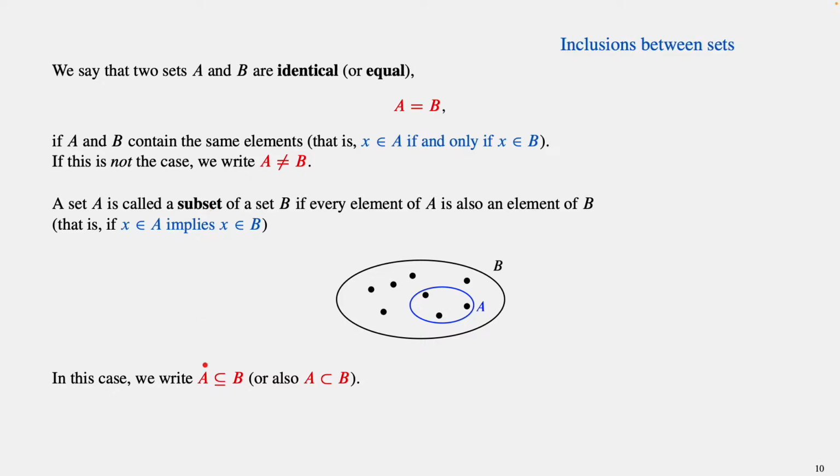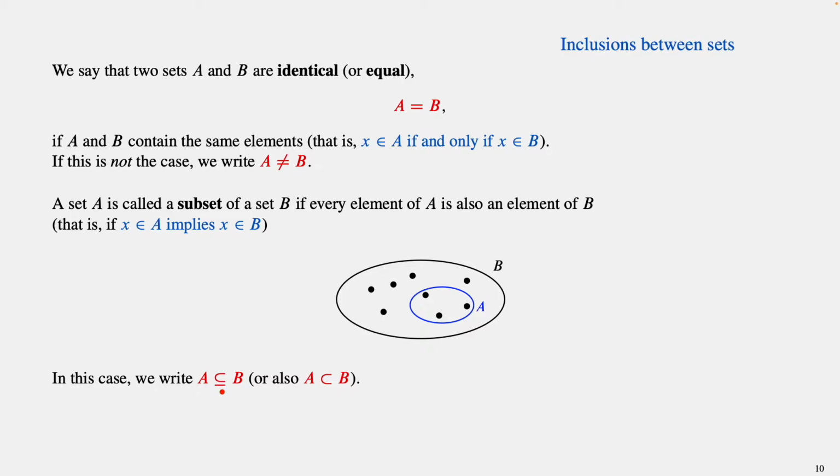Now if A is a subset of B, we use this notation here, A subset B, or also this notation without this little line here. Now this little line is supposed to indicate that A could be equal to B, so it's not excluded. But note that this notation here means exactly the same as this.